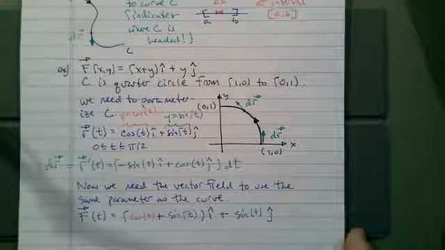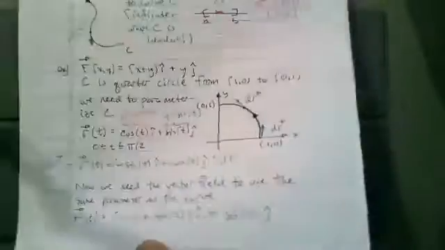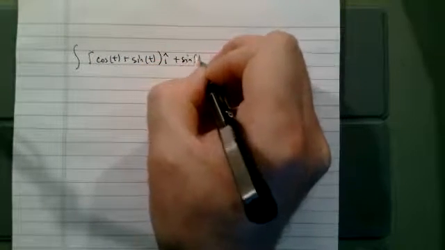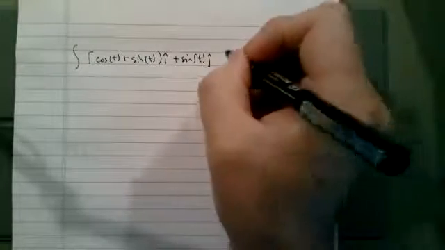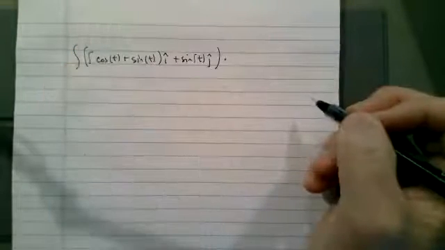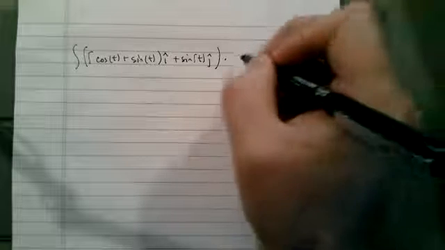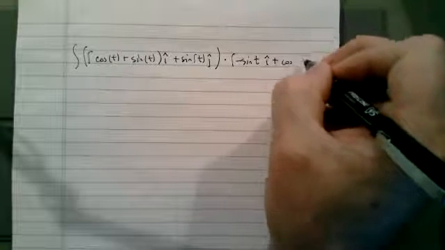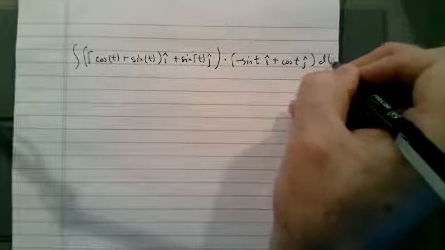Let's actually perform this calculation because it's just going to be a dot product. So we're going to be integrating over the curve, integrating the vector field, which is cosine of t plus sine of t times i, plus sine of t times j, and the dot product of that and the r prime, minus sine of t i plus cosine of t j, dt.